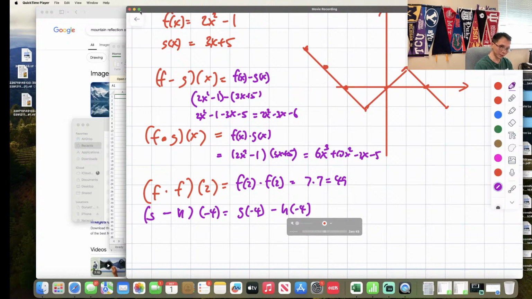So g of -4 is negative 12 plus 5, so it'll be -7 minus 2, because this value is 2.